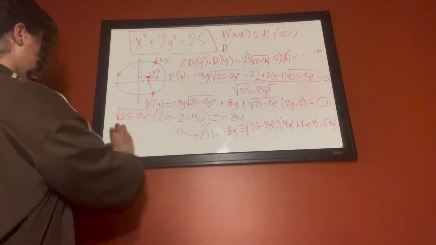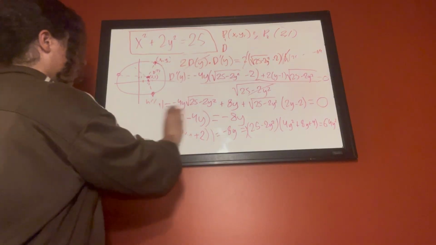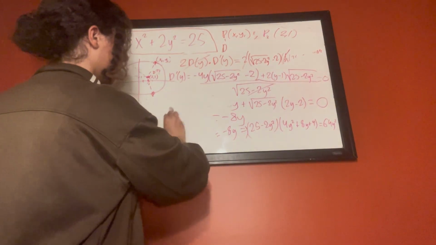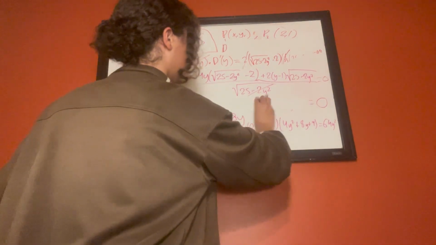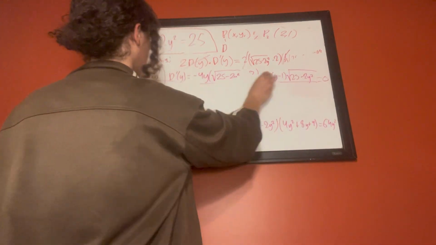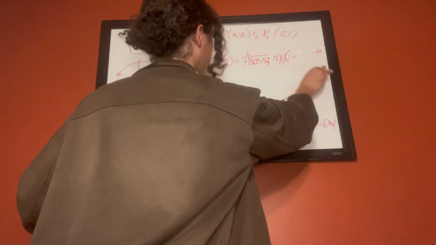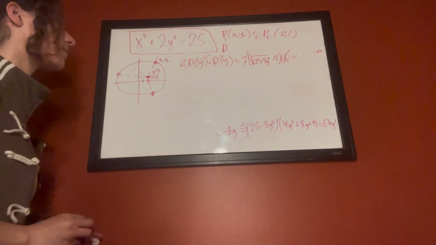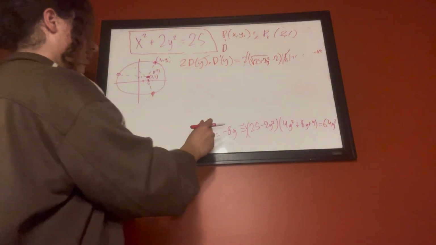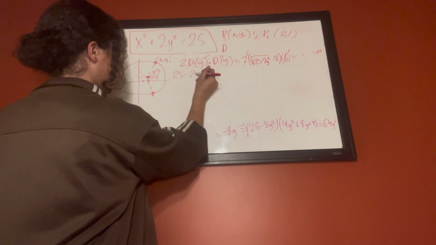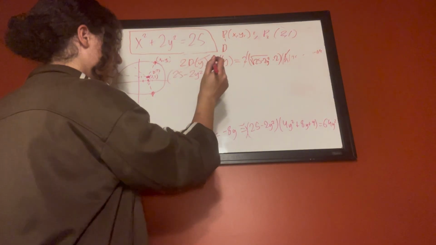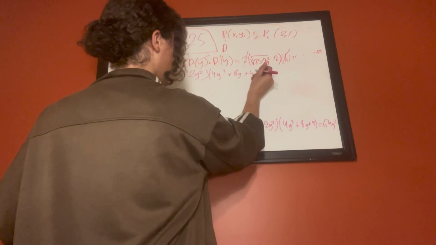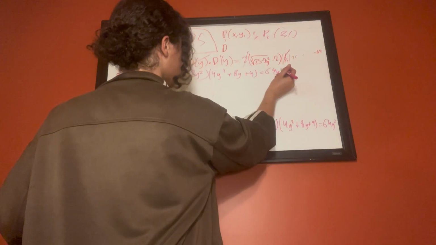Okay, so now let's expand a bit. So what do I have? I have 25 minus 2y squared times 4y squared plus 8y plus 4 is equal to 64y squared.